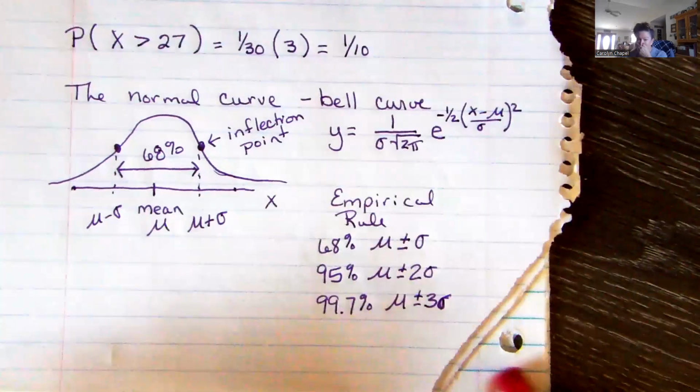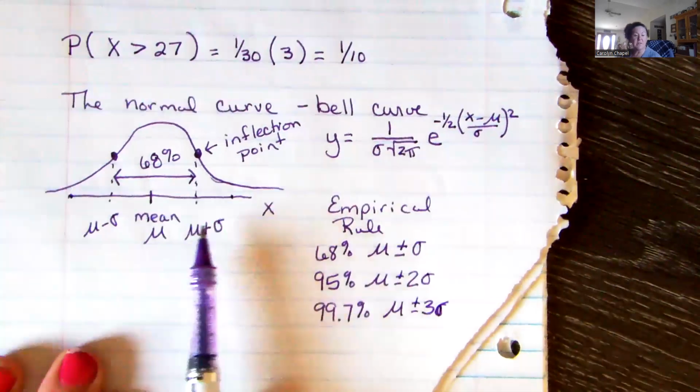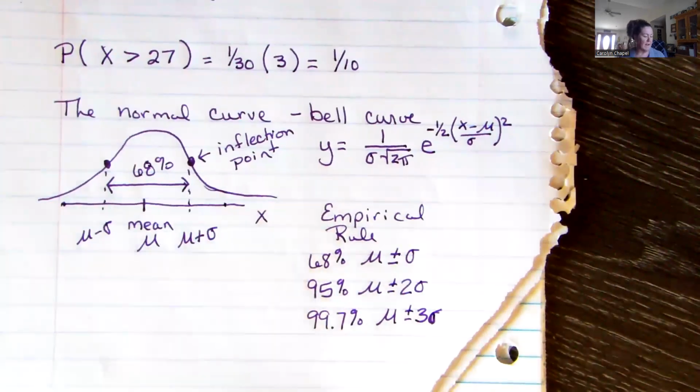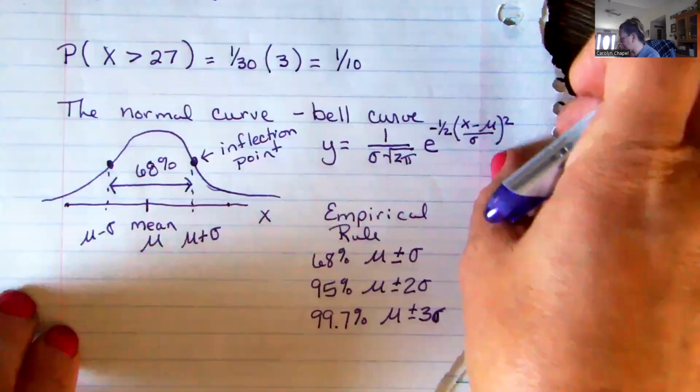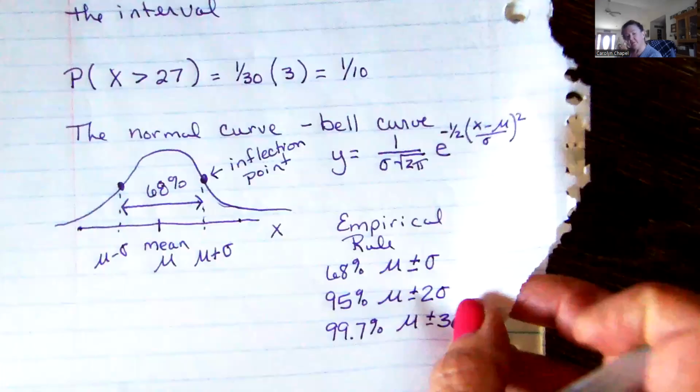I'm going to draw a few pictures about what happens to our curve as the mean changes or as the standard deviation changes. You can just see some rough pictures. Again, we're just doing a brief introduction here. So let's say what happens when our mean changes.